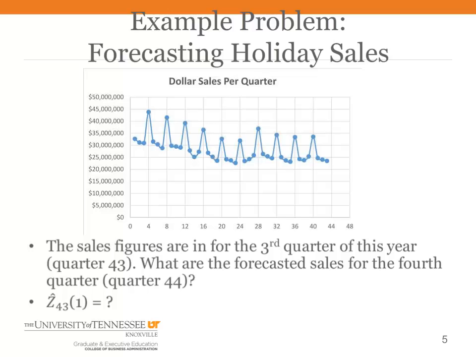So that probably means our projected sales for fourth quarter should be adjusted down a little bit below what it was last year. So if we start thinking about that, we could probably make up a pretty good rule for making that forecast, and that's what we're going to do next, and then we're going to build on that rule to get the general model that we're going to develop in this session.